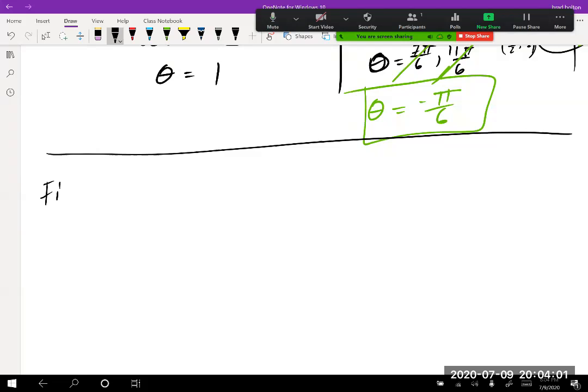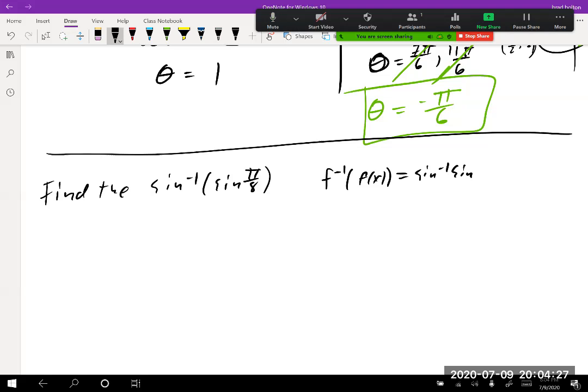Let's find the sine inverse of the sine of pi over 8, okay? And here's a couple facts. F inverse of f of x, so if you have the inverse on the outside function, so this would then be sine inverse of sine of x, which equals x, and f of f inverse of x equals sine of sine inverse of x equals x.